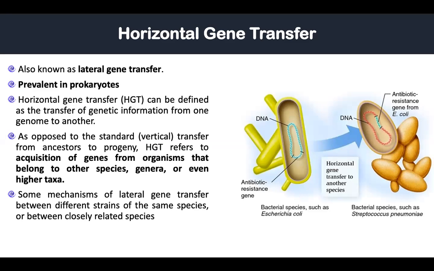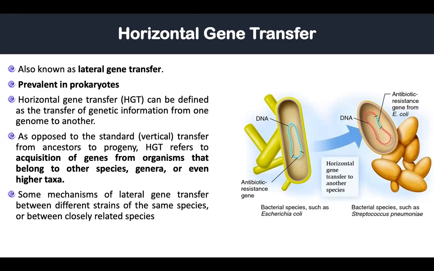So the next one is horizontal gene transfer. This is also another mechanism which contributes to a complex evolutionary scenario. And I'm very sure you are all very familiar with this already. It is also known as lateral gene transfer and is very prevalent in prokaryotes. This can be defined as the transfer of genetic information from one genome to another.